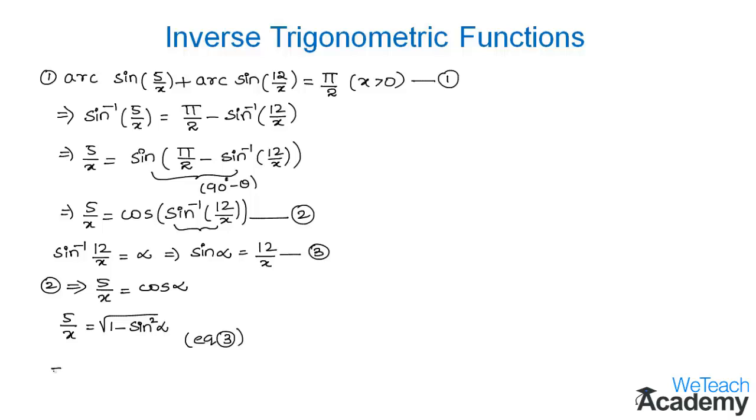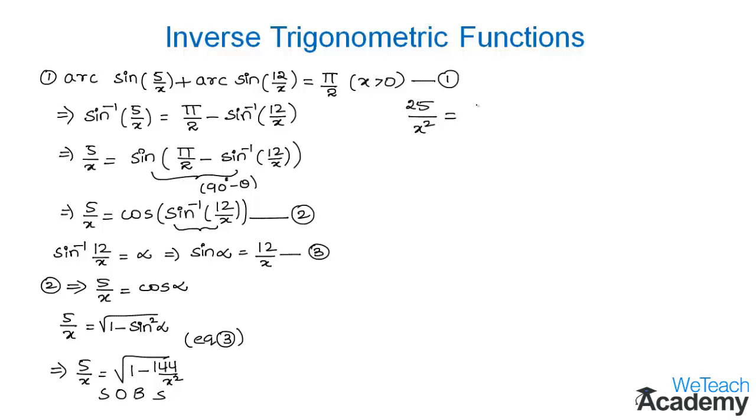So then the equation would become 5 by x, which is equal to under root 1 minus sine square alpha, that is 12 by x whole square, which is 144 by x square. And now let us square on both the sides. So by squaring on both sides, we get 25 divided by x square, and the square root gets cancelled.